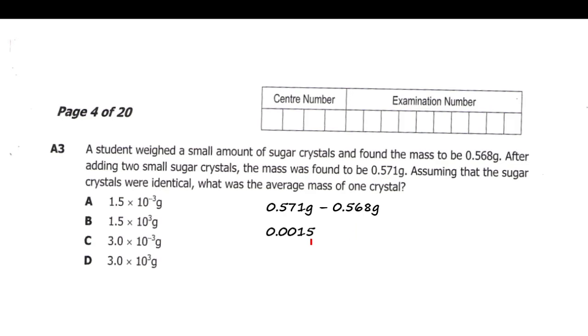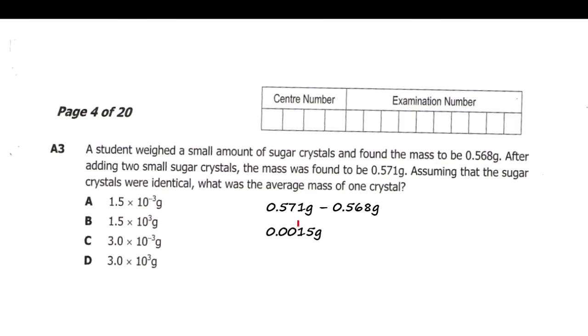Then the value that we'll get is this. Then that value that we got, we divide it by 2. So when we divided it by 2, we got this one. Then when writing it in standard form, you'll find that we have to move 3 steps this side.